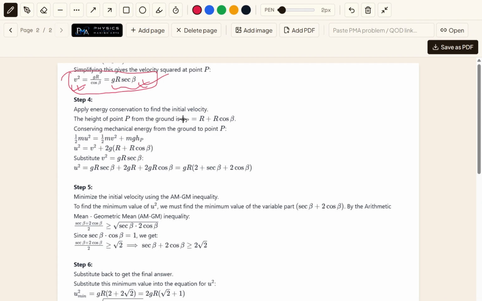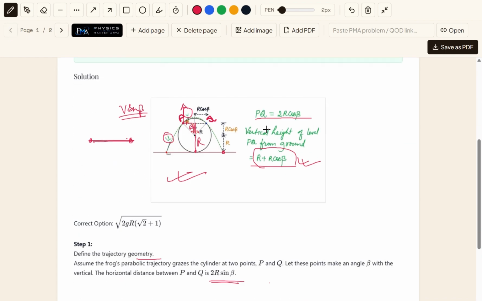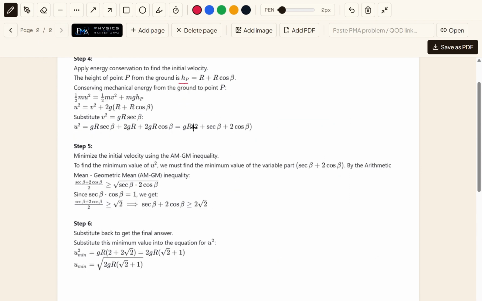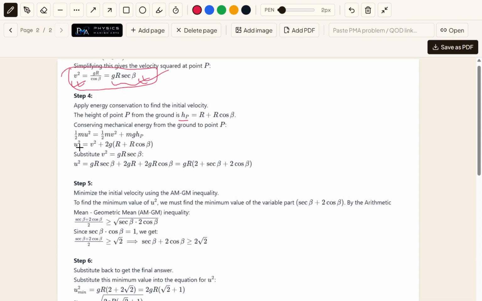And then the next step we are going to do is the conservation of energy, right? And as I have said, this distance from the ground is going to be R plus R cos beta. So write down the conservation of energy. Initial energy is half m u squared on the ground. And then here at point P, what is the velocity?